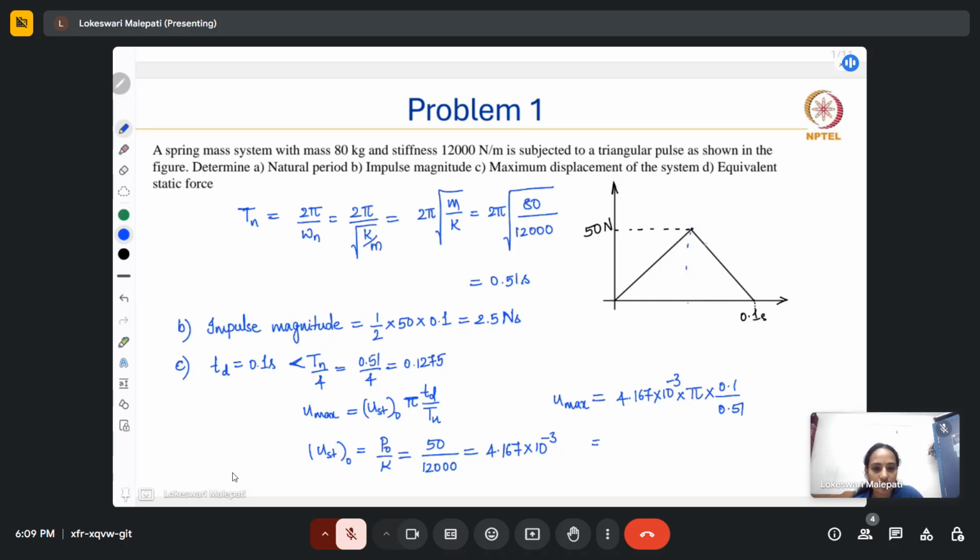Once we get that response using Duhamel's integral, at the end we will have the initial conditions from the forced vibration response at 0.1 seconds. That will act as the initial conditions for the remaining free vibration case, which we can substitute in the free vibration response that we already know. So we have two components of response, and then we need to see which is going to be the maximum.